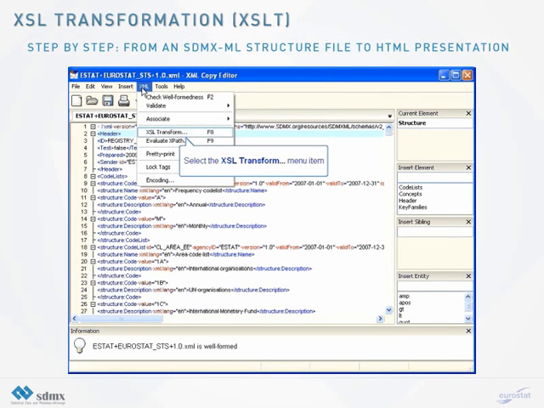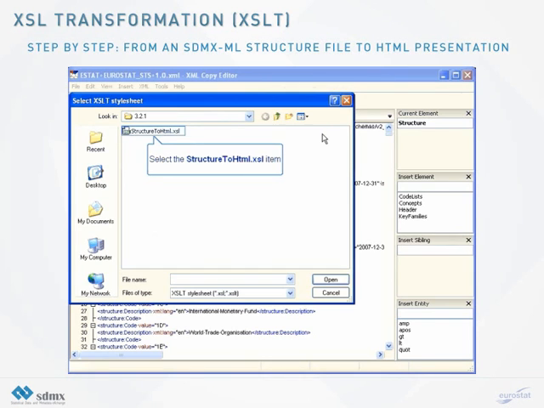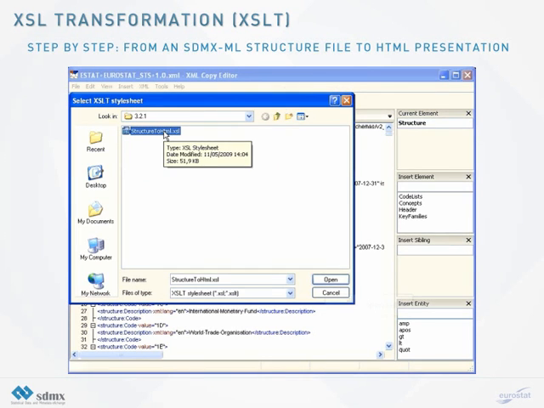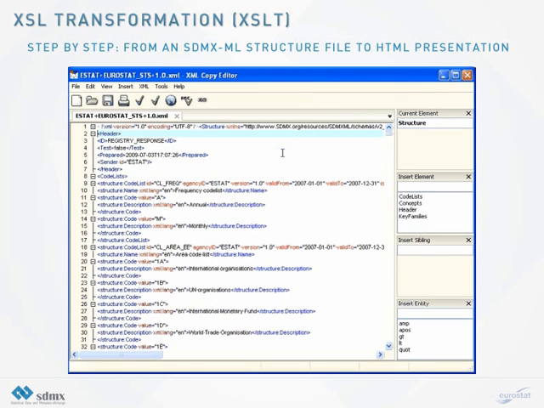So we go to the XML menu option and click in XSL transform. Then we select the XSL file we are going to work with. A new file is generated by the XML copy editor tool with HTML code.